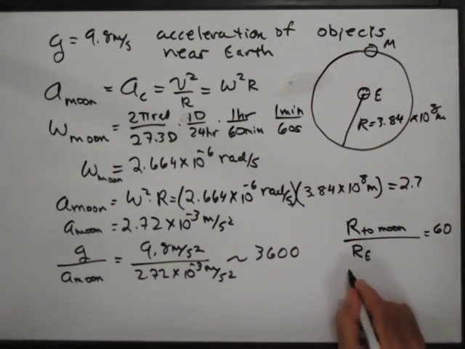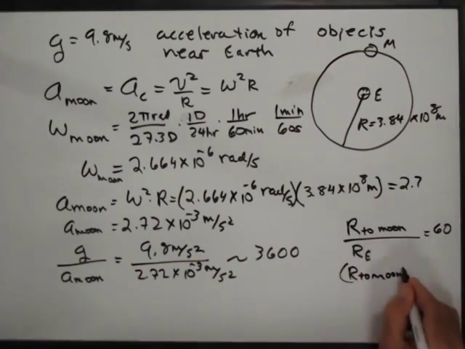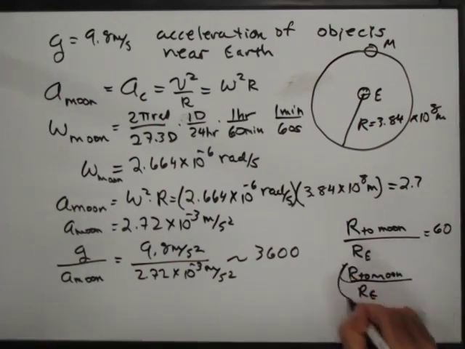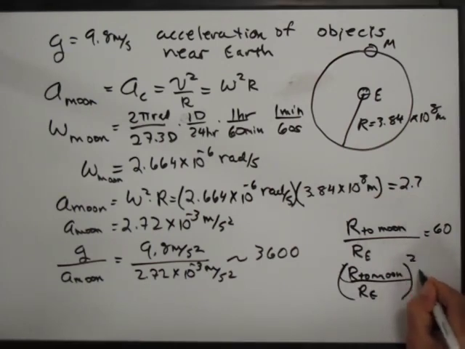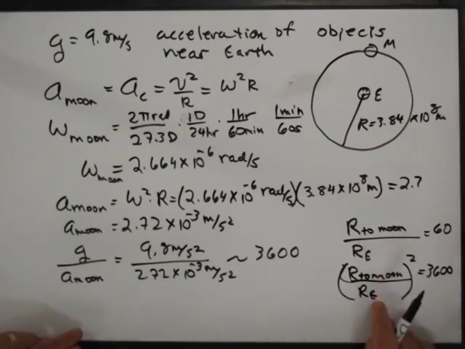And so the distance to the moon divided by the distance to the surface of the Earth from its center, squared, is about 3,600. Notice this is the moon distance over the Earth distance, and this is the Earth gravity over the moon gravity.